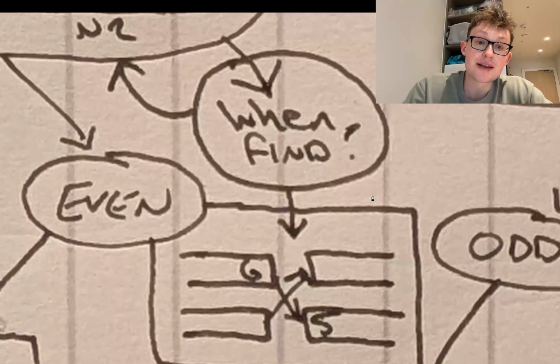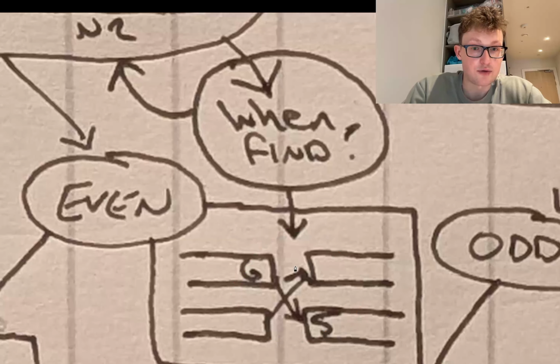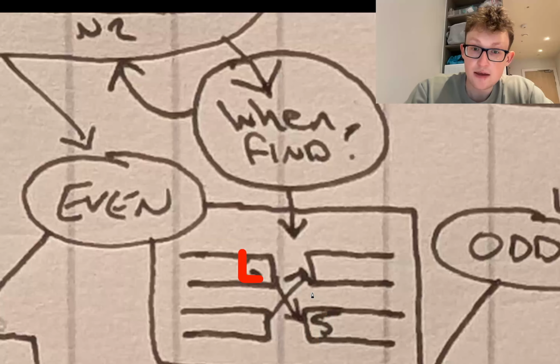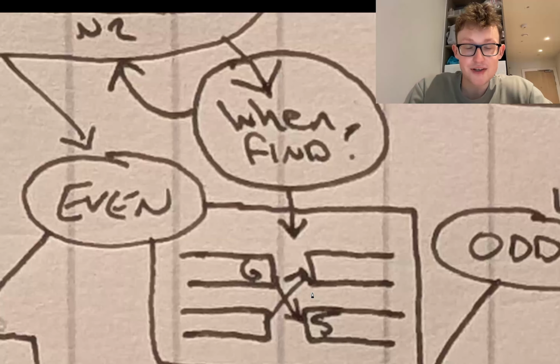Okay, so we know we need to go find the middle whenever these logical conditions are not true, whenever n1 left is bigger than n2 right, and the other one likewise. Whenever that logical condition is not true, that's when we go look for the middle.